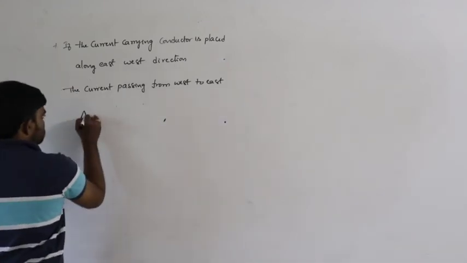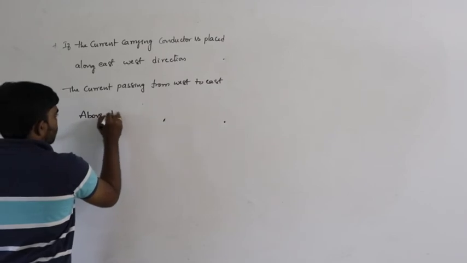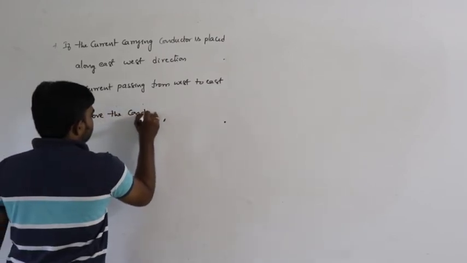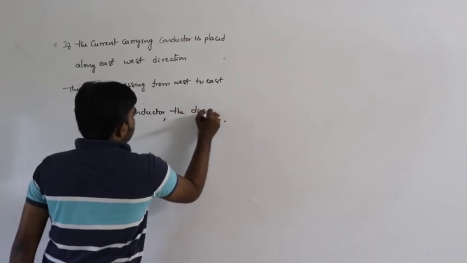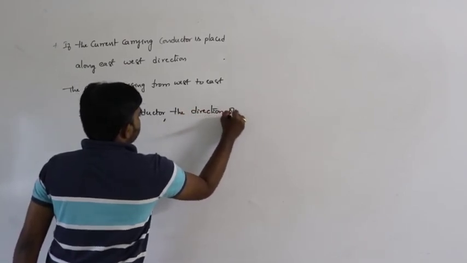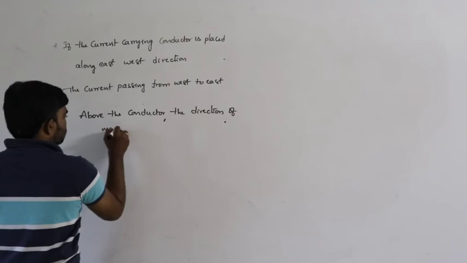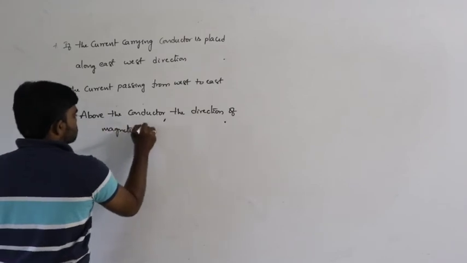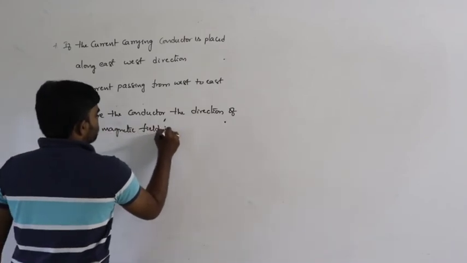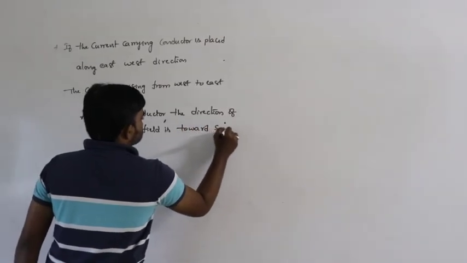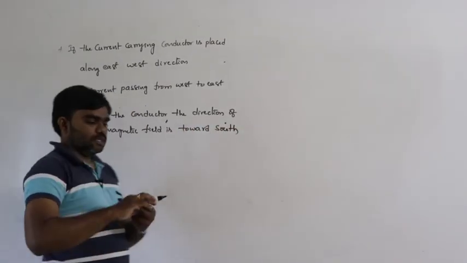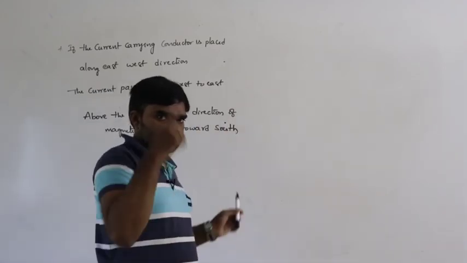So in this situation, above the conductor, the direction of the magnetic field is towards south. See here, east, west, north, south.